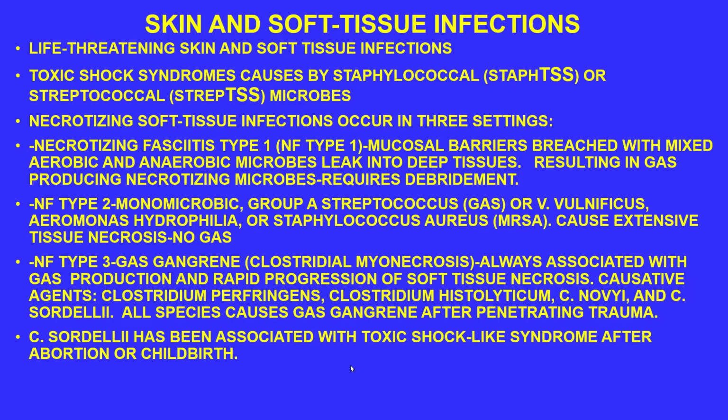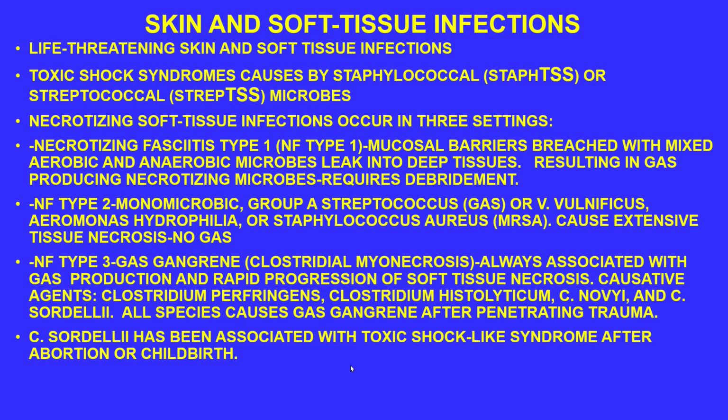And the causative agents, right off the bat, Clostridium perfringens, which causes gas gangrene. But then you have several other related Clostridium: Clostridium histolyticum, C. novyi, and C. sordellii. Now, all species cause gas gangrene after penetrating trauma.